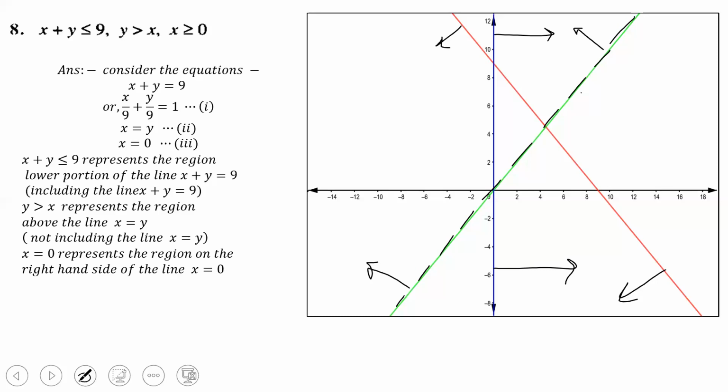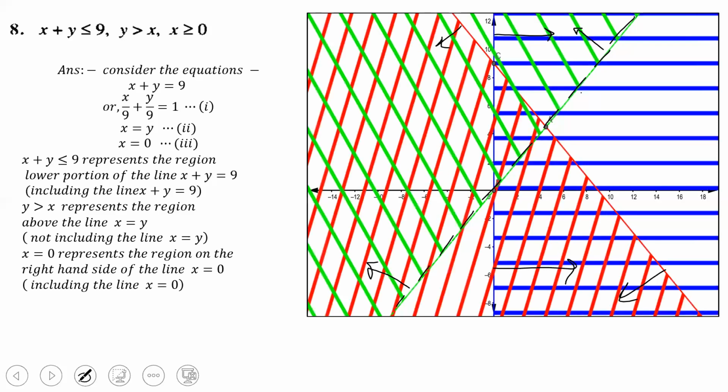Now we need to find the common shaded portion for this given system of linear inequalities. So just draw the lines and mark the region like that. That is given here. You can check these green lines and the blue lines represented by x greater than or equal to 0, the red is x plus y less than or equal to 9, and the green is y greater than x.